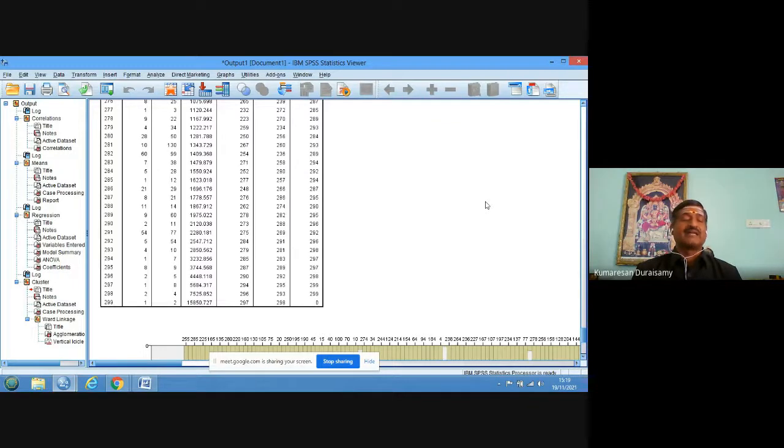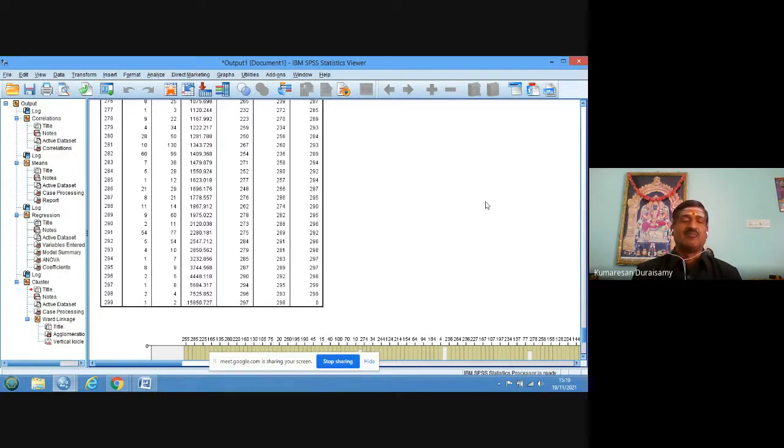Where we have greater coefficients, it is up to the 297th stage. So 300 minus 297. What is the answer? 3. It means we have to form 3 clusters.